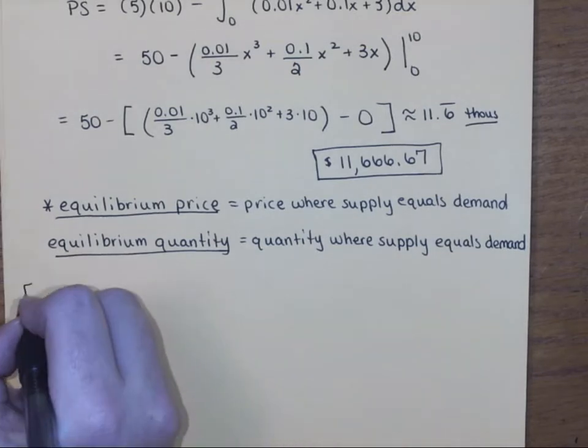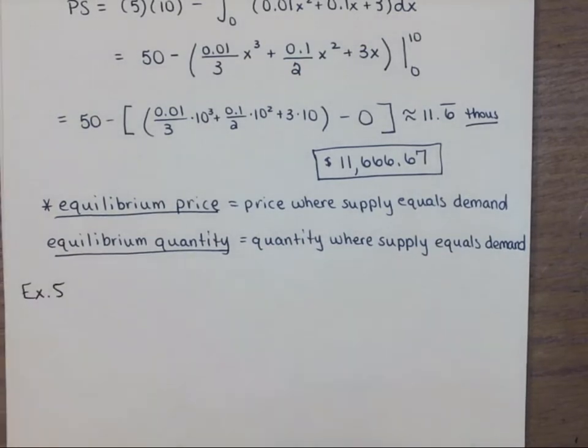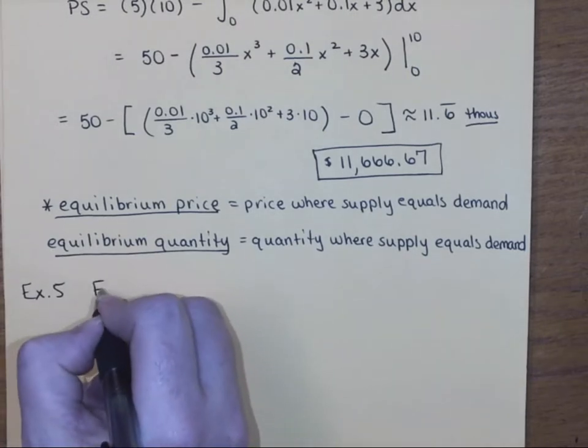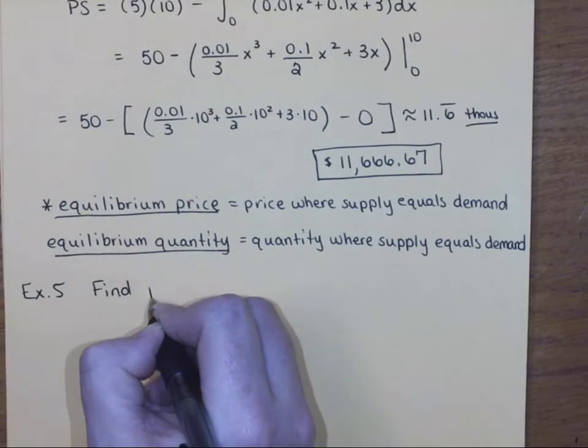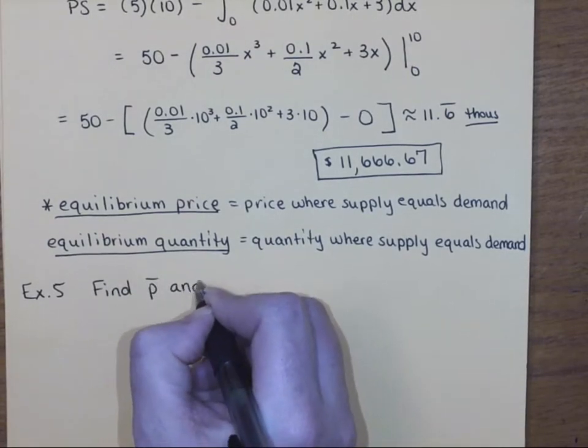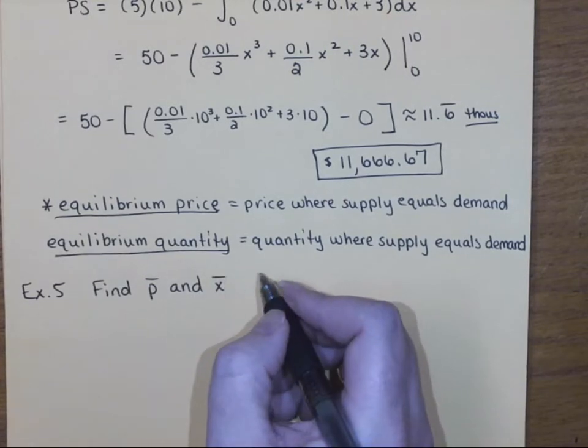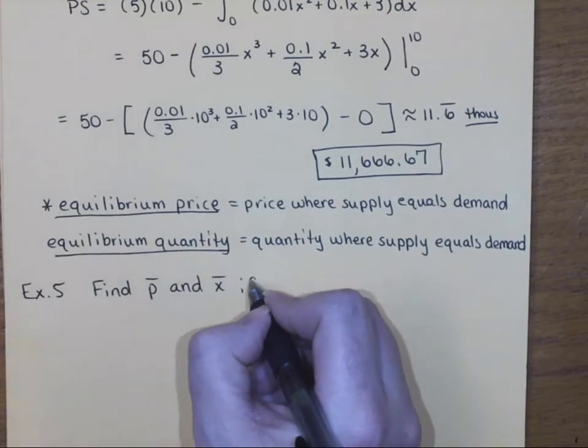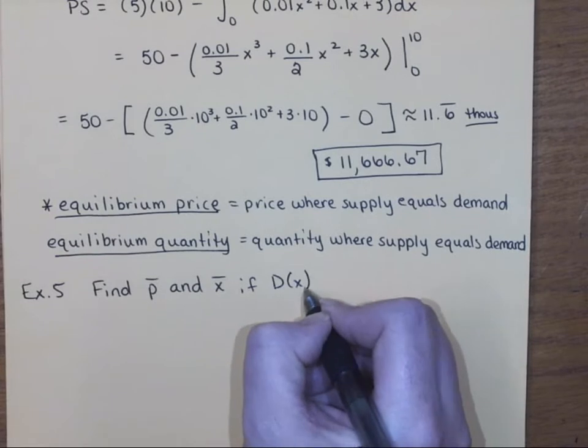So you may have some problems on the homework where you have to actually find P and X if we're in equilibrium. We're not going to do this problem all the way through for time reasons, but past the point where we find P and X, this is a problem that we've already done before.